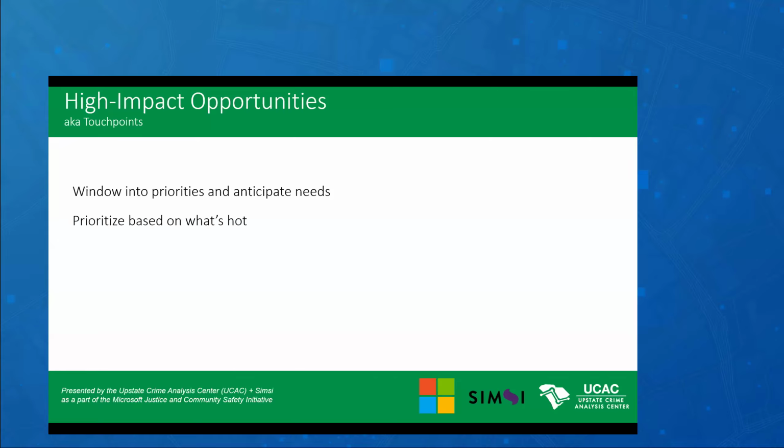You also have to prioritize based on what's hot. Depending on the units and the teams that you support, especially if you are a solo analyst or part of a small analytic team, you have to see what's hot in your jurisdiction. If auto crimes are super hot right now, you need to be at the auto crimes meeting.